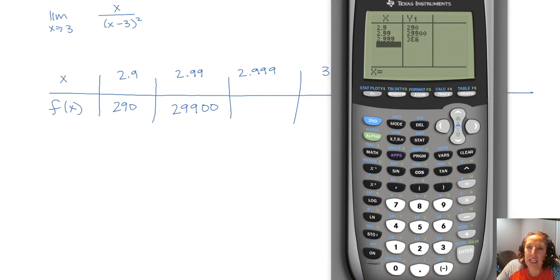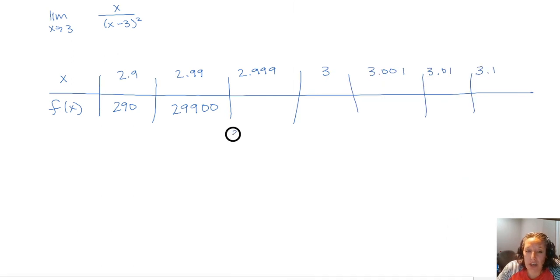3e6 is giving us scientific notation. It means our answer is approximately 3 with the decimal place moved 6 units, so we'll get 6 zeros. That would be 3 million.